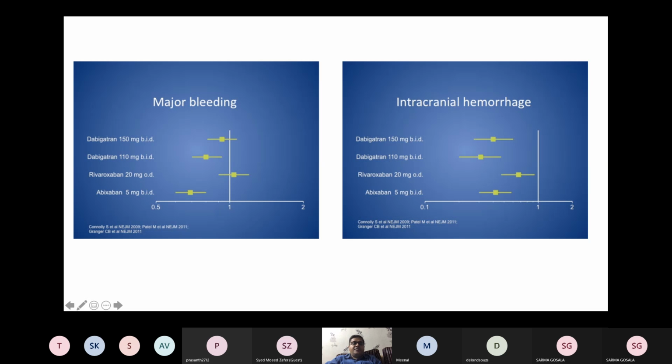Whereas dabigatran 150 and rivaroxaban 20 milligrams OD have a little higher risk of overall bleeding. When it comes to intracranial hemorrhage, rivaroxaban is a little higher risk, whereas dabigatran 150 slightly has a lower risk, if you look specifically at intracranial hemorrhage in various trials.